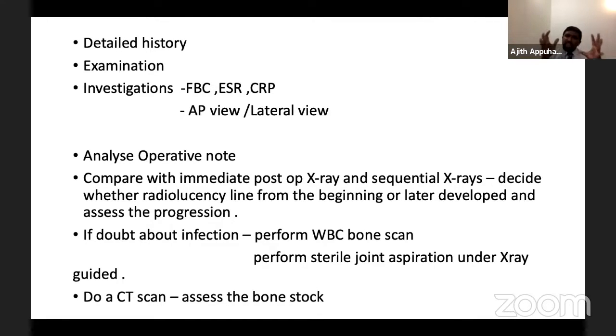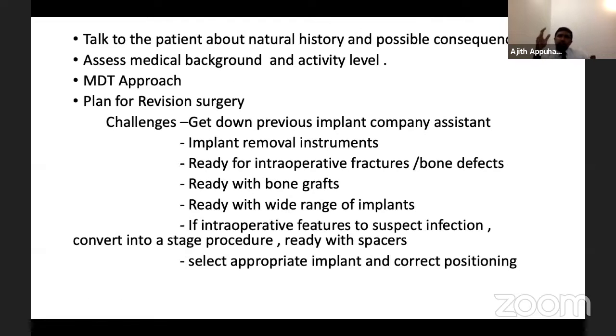How do you screen this patient? You need to mention that you will talk to the patient and explain the natural history of implant loosening, and that it could end up with a catastrophic outcome such as implant fracture or bone fractures. You need to assess the medical background, the patient's activity status and his normal lifestyle.